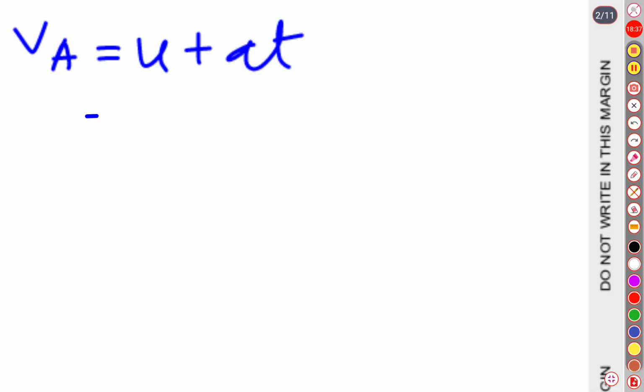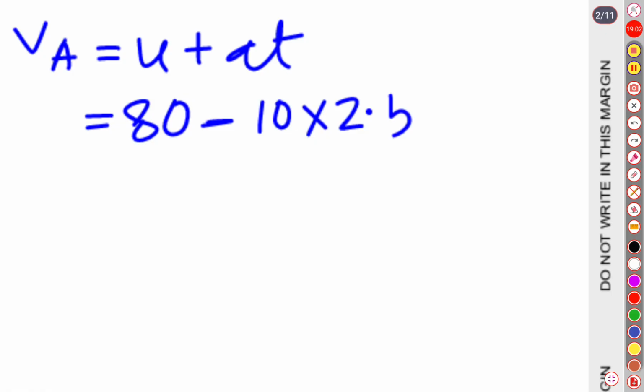The initial velocity of particle A was 80 meters per second, and the acceleration due to gravity is negative, so it is 10.